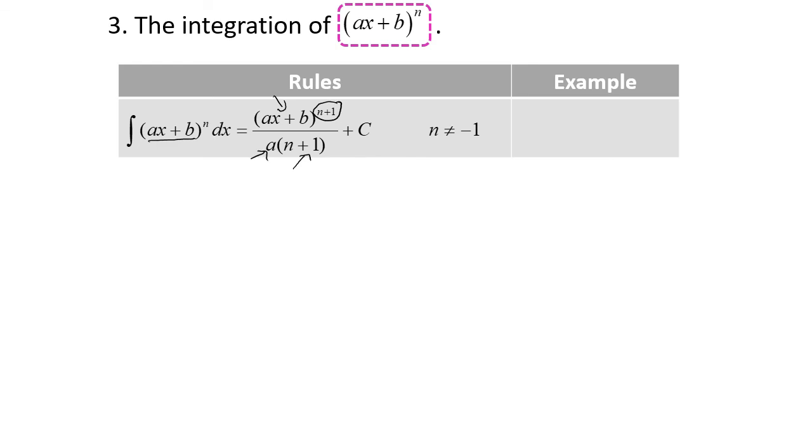Put a, then plus c, and n is not equal to -1. So this is a simple example.